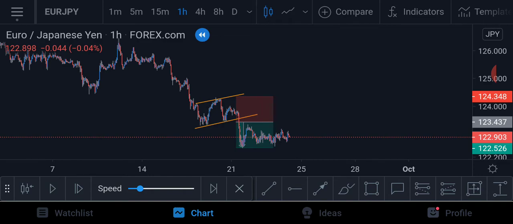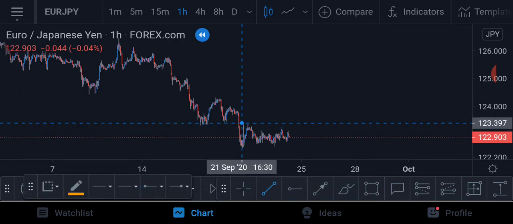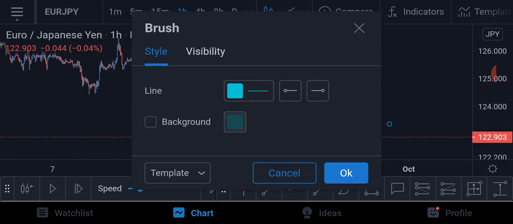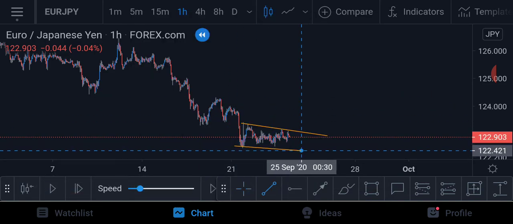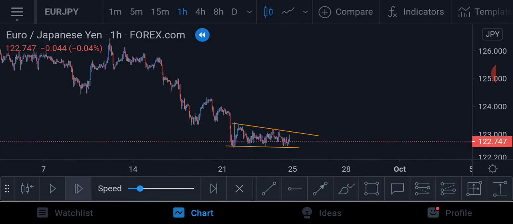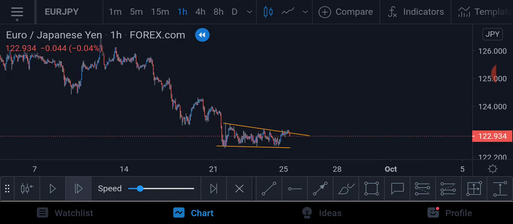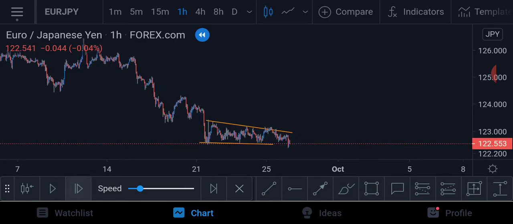Price is just consolidating. Another beautiful trade. Now price is making this type of pattern, a wedge pattern. Let's wait for a breakout to enter this trade. Price is still in this pattern.